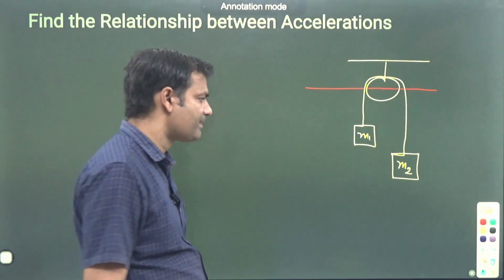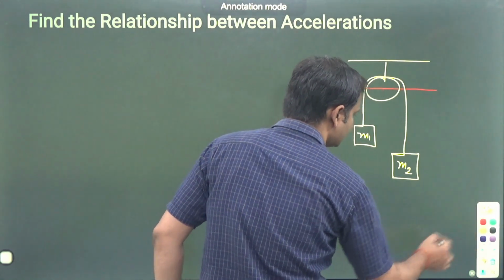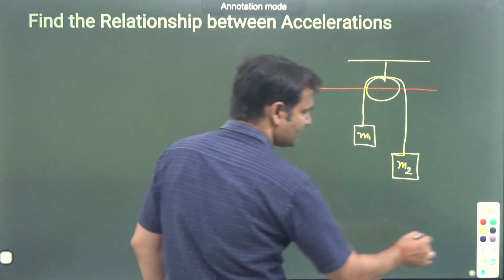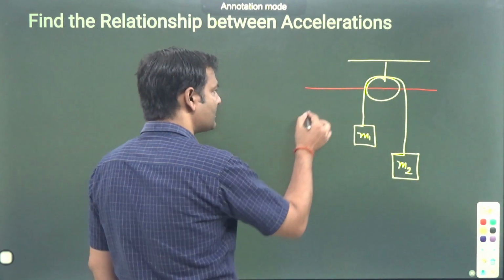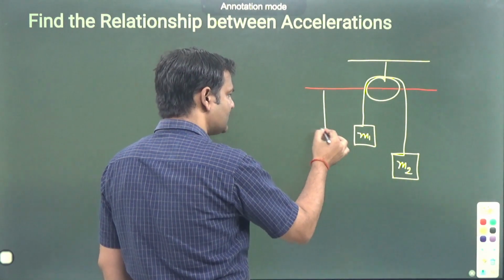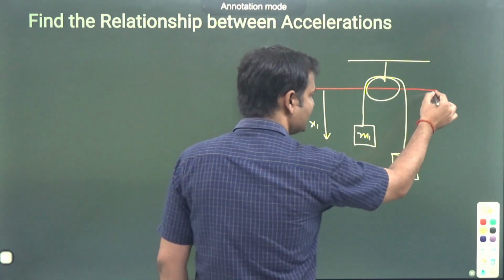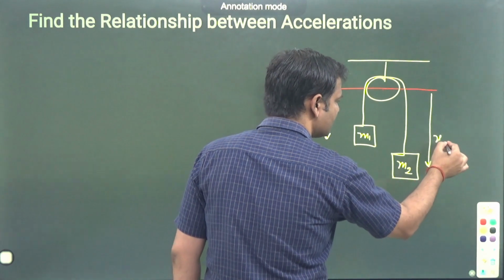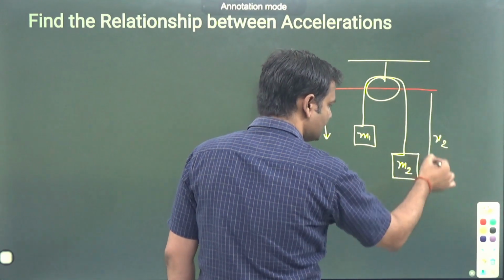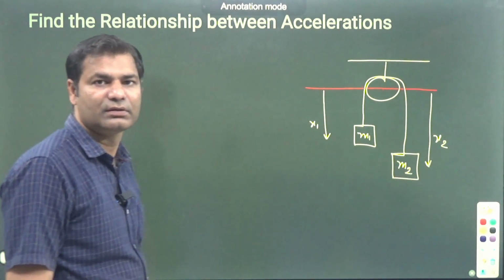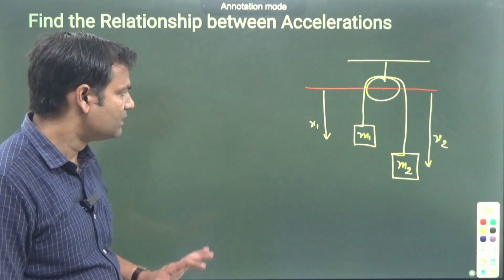If frictionless, then how do we do it? At any time, we consider this displacement is x1 from here to here, and this displacement x2 from the fixed point to x2. Clear?